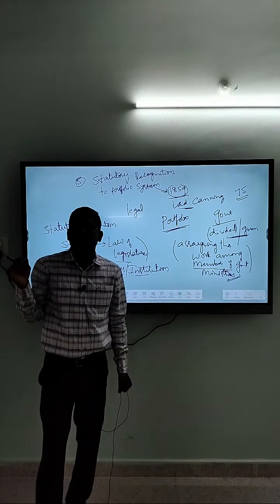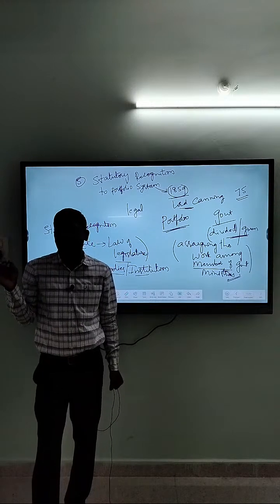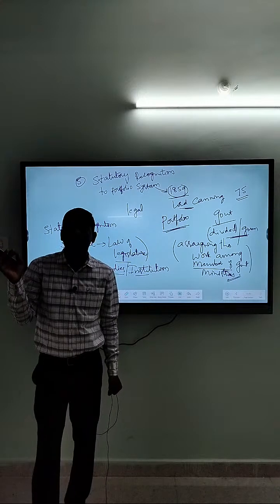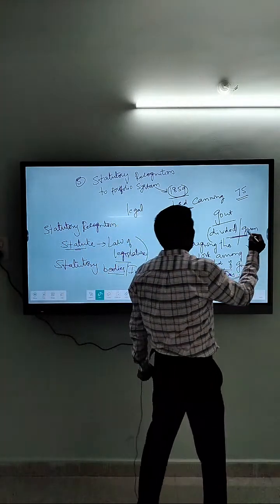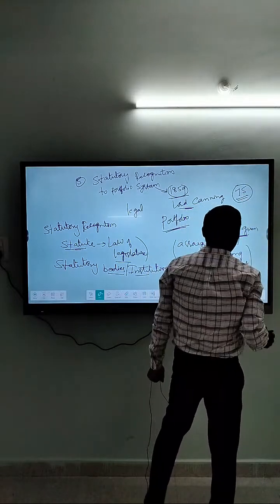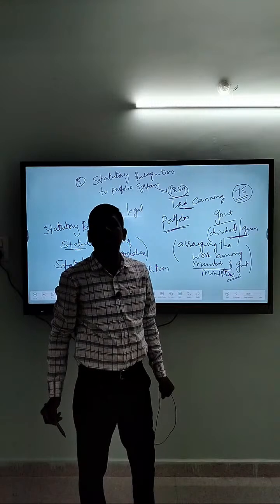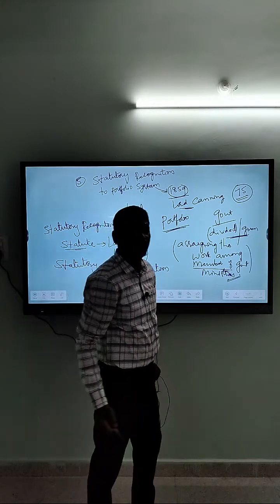Because Article 75 is the cornerstone of parliamentary system of government. Remember, the importance of Article 75 lies in that it has a principle called the principle of collective responsibility.